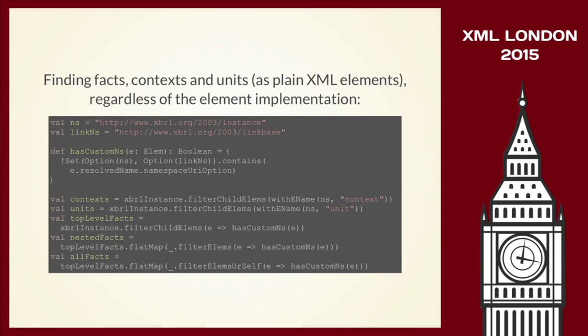One thing I forgot to mention is that the code that we just saw here works for all the element implementations. So if you plug in your own element implementation into yaidom, you don't have to change anything in this code.